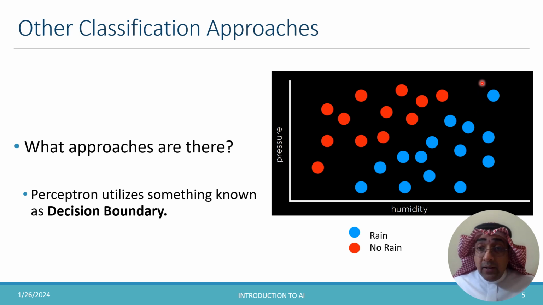That boundary is a line that separates the two. If a new data point lies above this line, it will be no rain, and if it lies below the line, it is raining. This is the decision boundary, and this is what the Perceptron algorithm is going to try to learn from the labeled data we have given it.